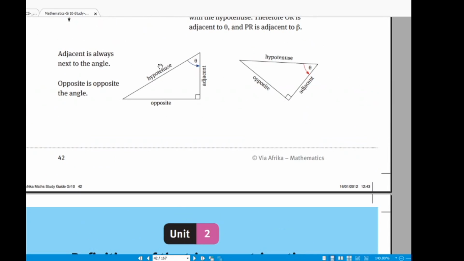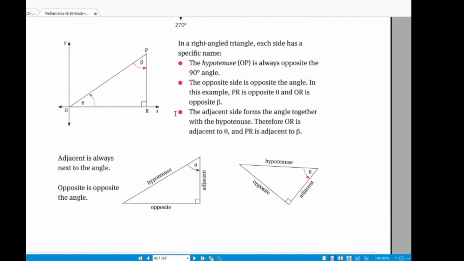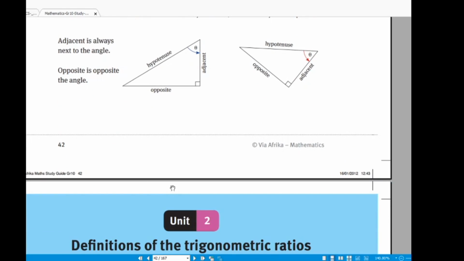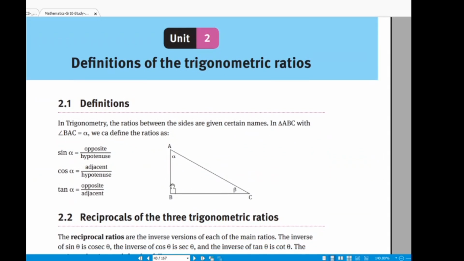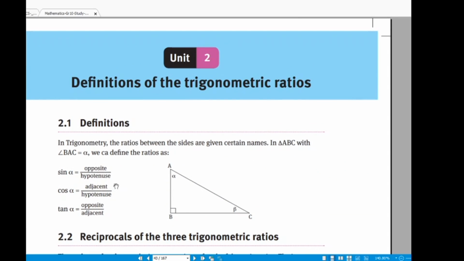Using these labels for a right angled triangle, the way in which we have labeled the sides, we will use these names when defining trigonometric ratios, right? The trigonometric ratios are sine, cos and tan.